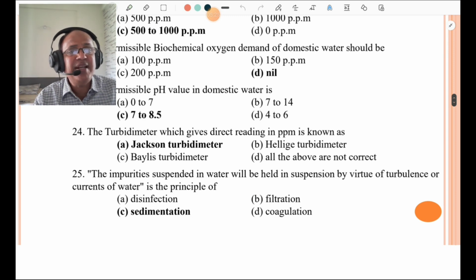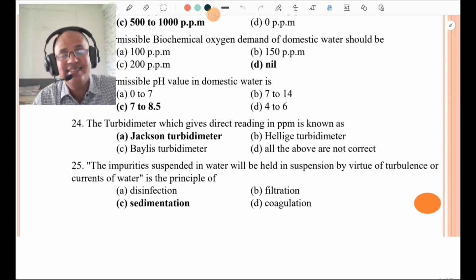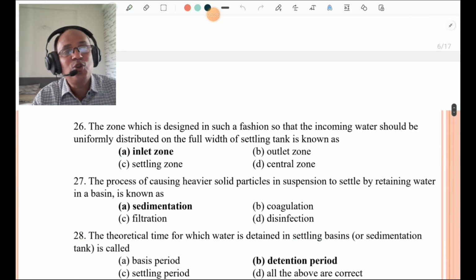The impurities suspended in water being held in suspension by virtue of turbulence or currents of water is not the principle of sedimentation. You know that. The zone which is designed in such a fashion that incoming water is uniformly distributed over the full width of the settling tank is known as the inlet zone.